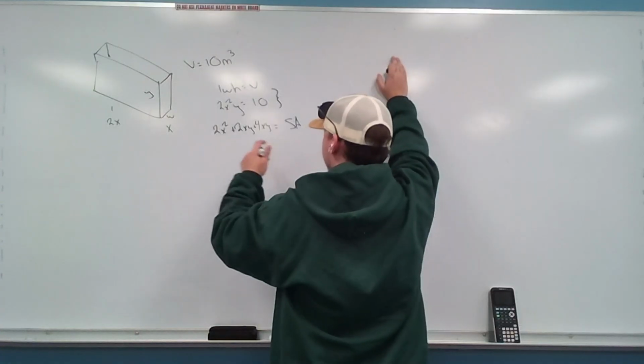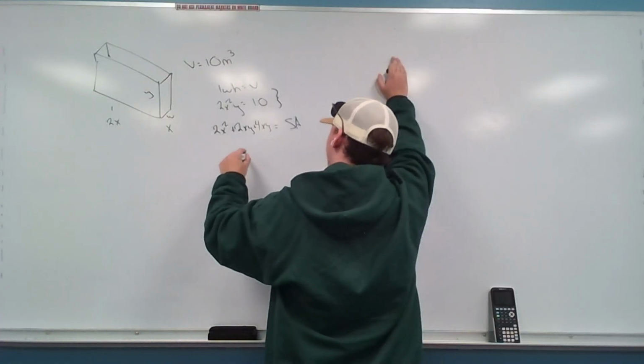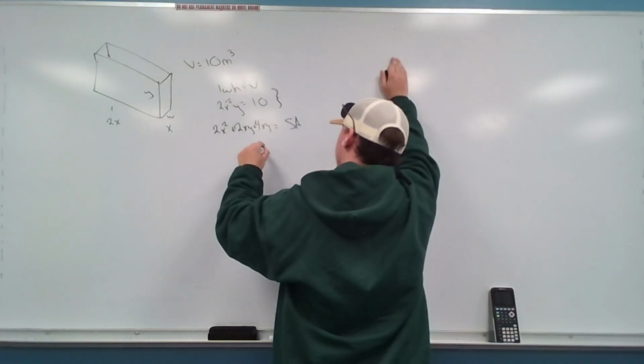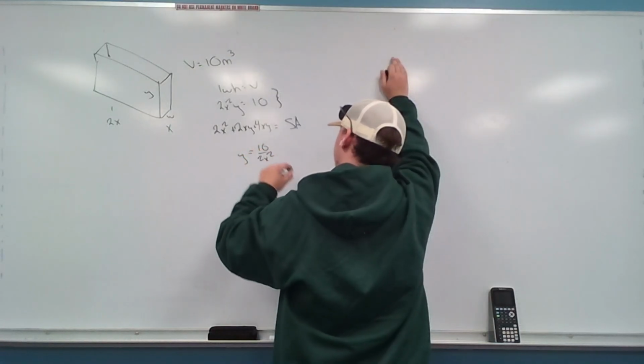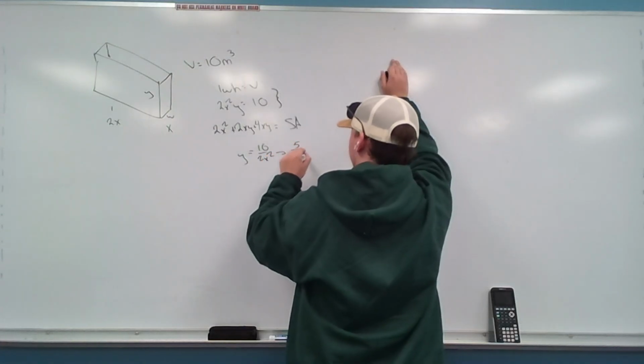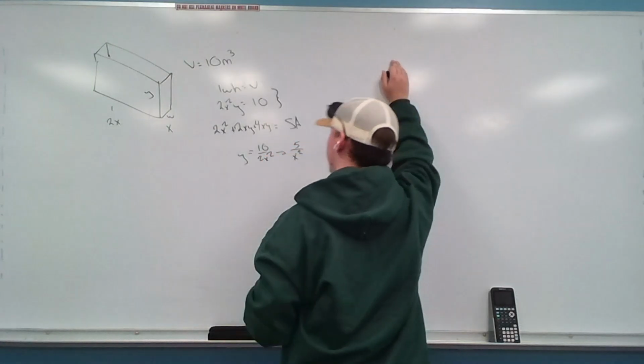This looks like the simpler one for what we need. First step is to solve for x and y. So I'm just going to say 2x squared y equals 10, so y equals 10 over 2x squared, which is equal to 5 over x squared, because 10 over 2 is 5.